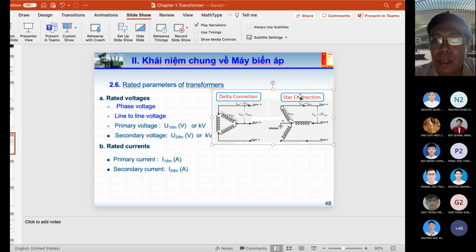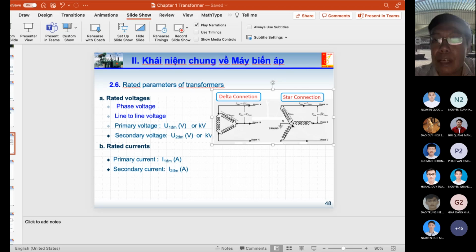Have a look at the right hand side of this figure, you can see the star connection. Now we understand very well how to connect the wiring of the transformer in delta or star connection. I think two weeks ago I already showed you the way of connecting the wiring of the transformer in a star or delta connection.